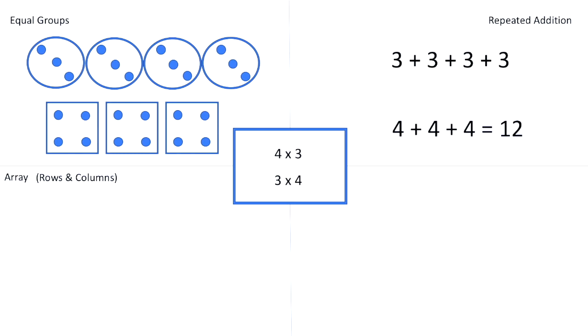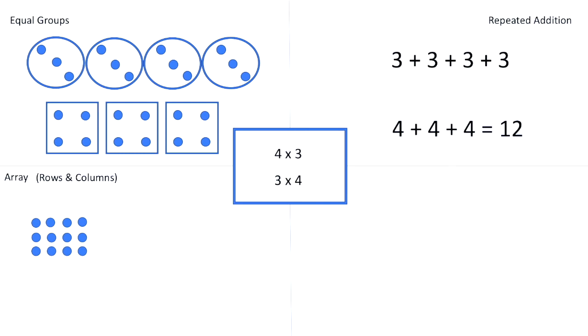So we need to create rows and columns, a rectangular array, to represent 4 times 3. That means I'm going to put 1, 2, 3 dots to make 3 rows, and then I'll put 4 dots in each row. So we have 2, 3, 4.